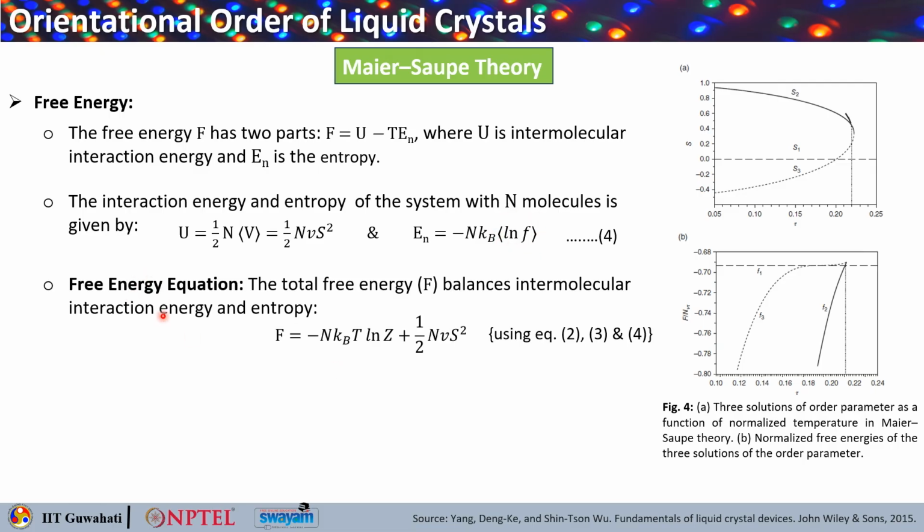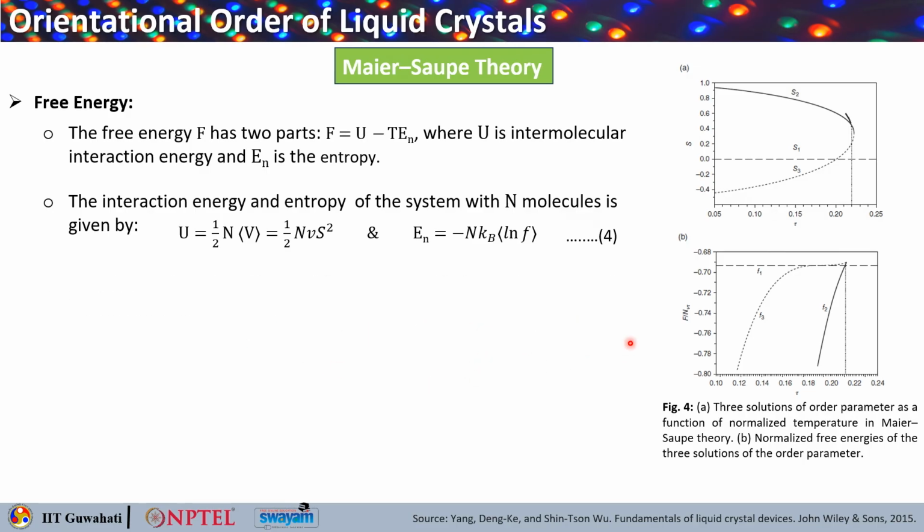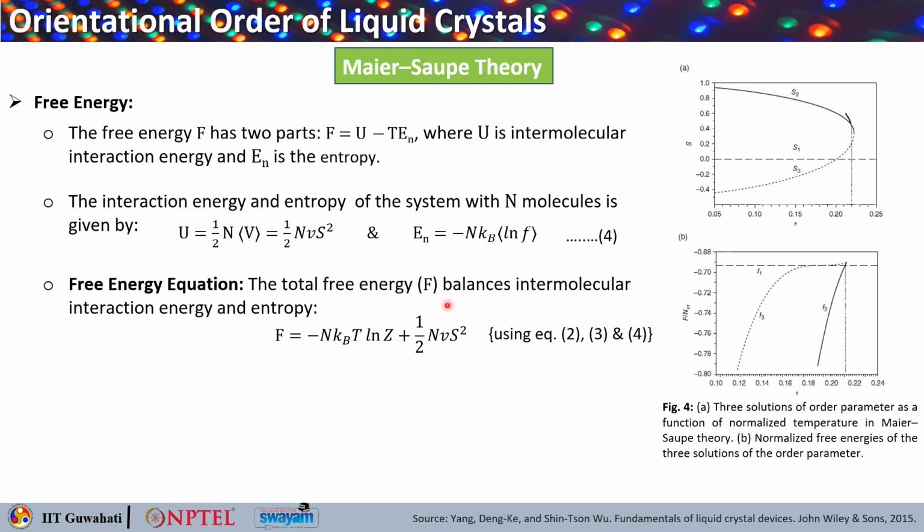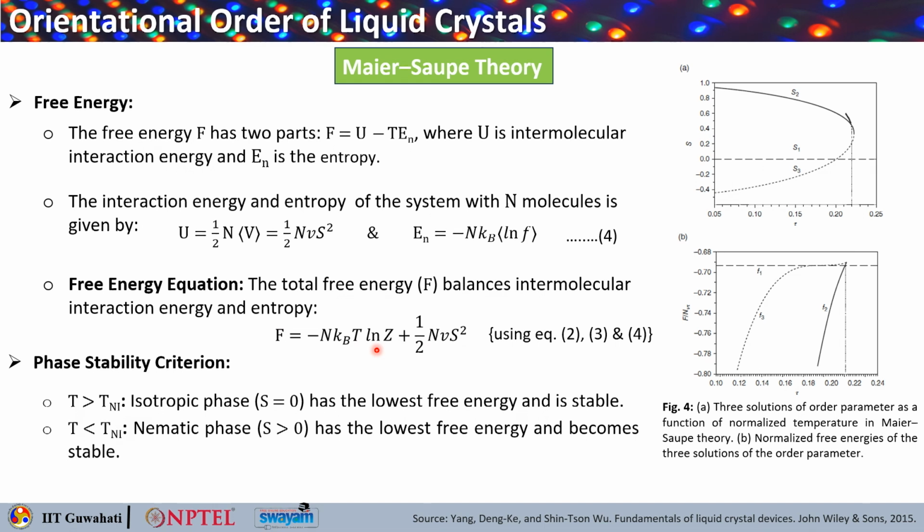From this, the total energy F balances the intermolecular interaction energy and the entropy. This is obtained using equations 2, 3 and 4.